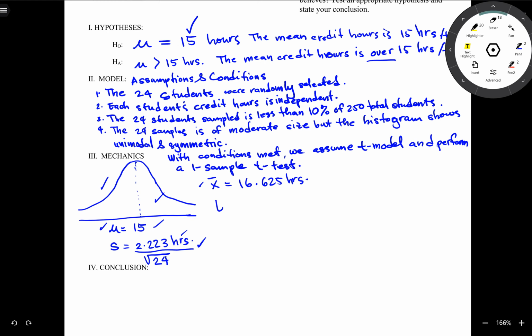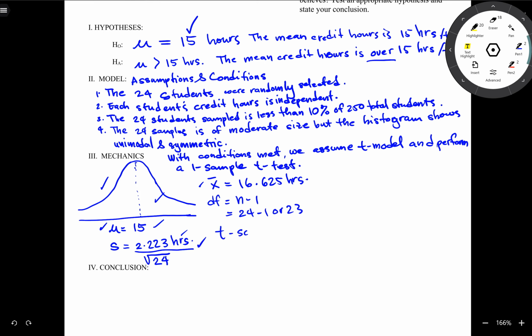Oops, sorry, you need to get the degree of freedom first, and the degree of freedom would be n minus 1, so 24 minus 1, or we got 23. And then now finally I can get the t-score.